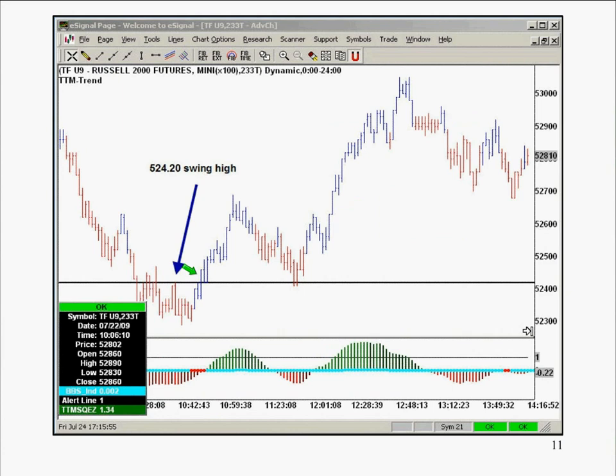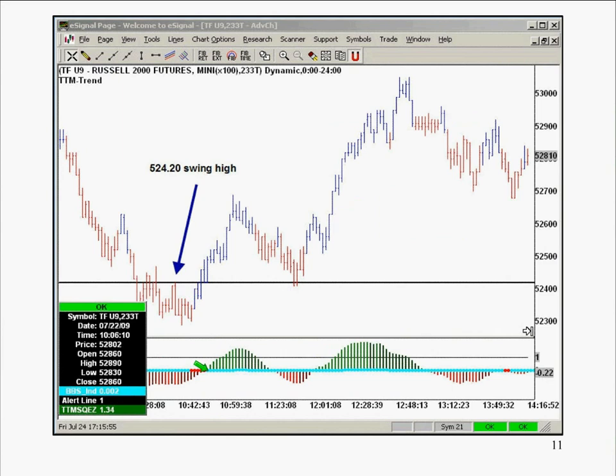I wanted to see, at the time that you broke out above the prior swing high, that the trend bars turned blue for a buy. And I wanted to make sure that you were either flat on the indicator, or above for a buy. Okay, and where you did over here, actually that looks like, I'm not 100% sure.